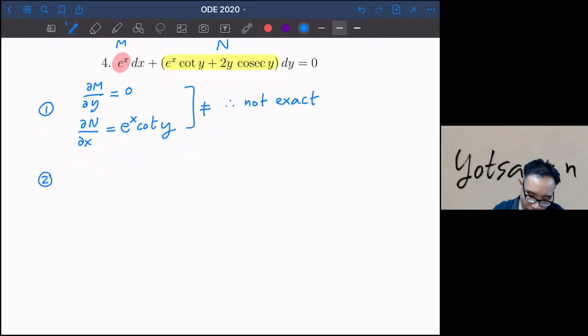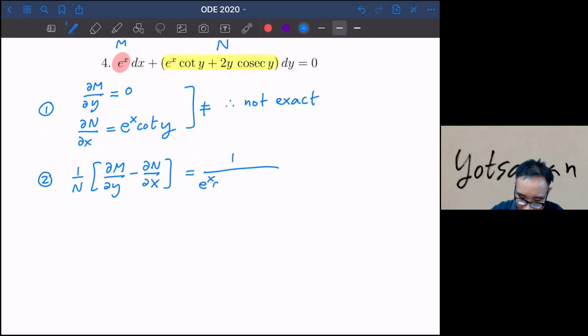It's going to be 1 over N times (dM/dy minus dN/dx). It's going to be 1 over (e^x cot y plus 2 cosec y), and you have dM/dy equal to 0, dN/dx equal to e^x cot y.